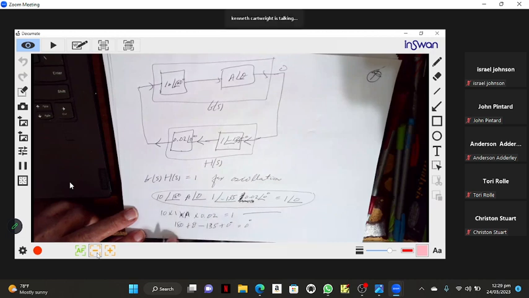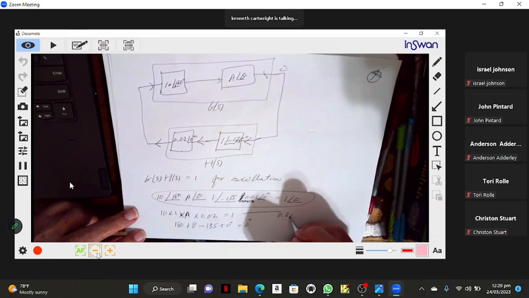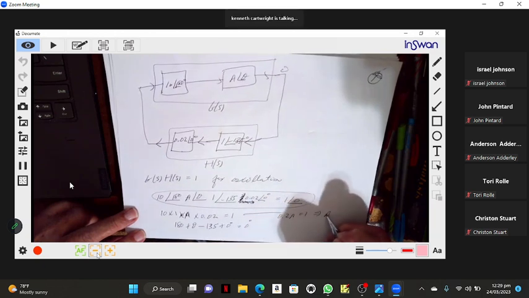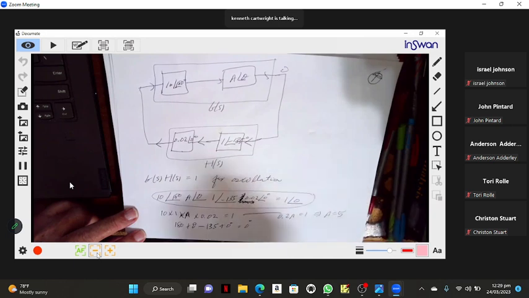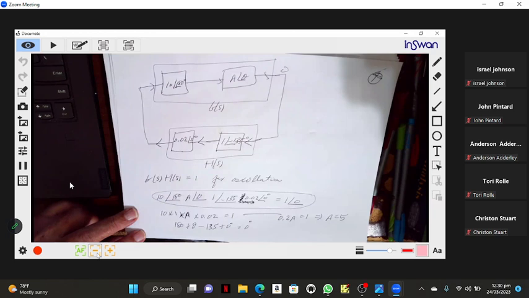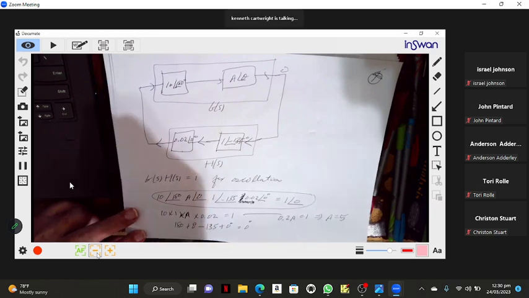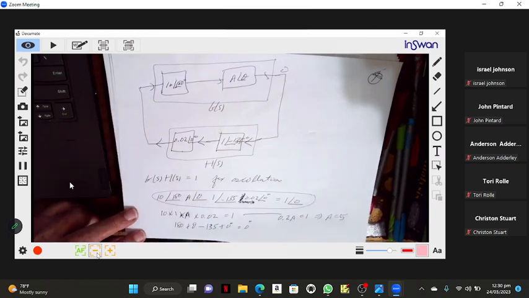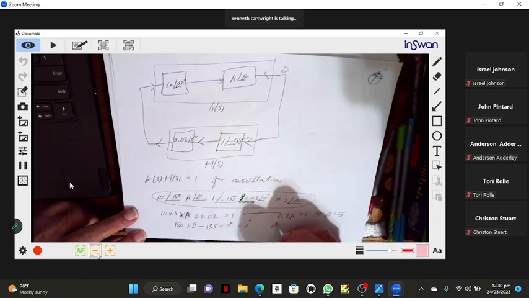So what does that mean then? That means 0.2A must be 1, so A must be 5. And theta must be negative 45.